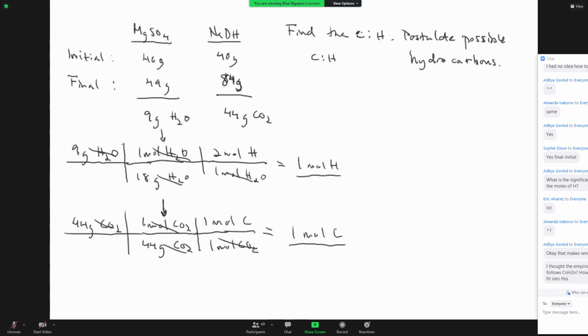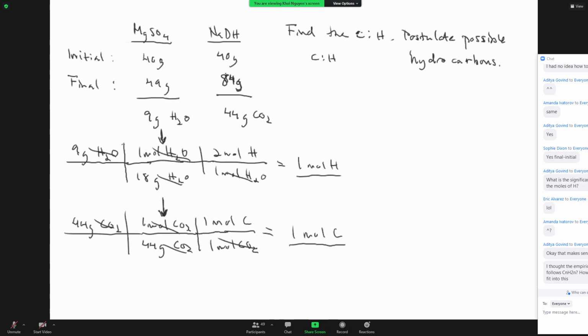Same student was asking why we can't just use half a mole of water and 1 mole of carbon dioxide to figure it out. You have to go one step further to figure out how many moles of hydrogen and moles of carbon are produced from those water and carbon dioxide molecules. Okay? Like I said, you stopped right here. You need to do one step further.